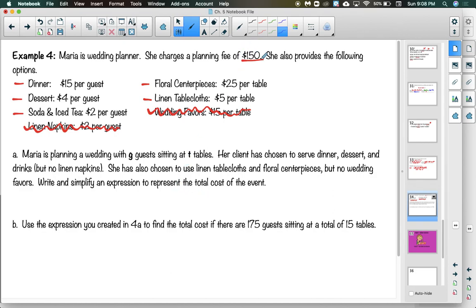Write and simplify an expression to represent the total cost of the event. So starting at the top, the first thing we have to do is pay for Maria. We have to pay for her services, so we have to pay that $150. We're also going to pay $15 per guest for dinner. So that's where that variable G is coming from. We're going to pay $4 per guest for dessert.